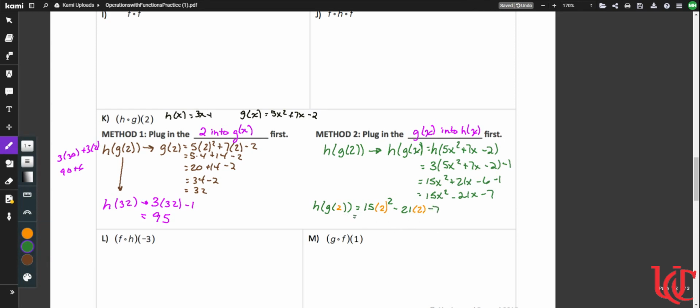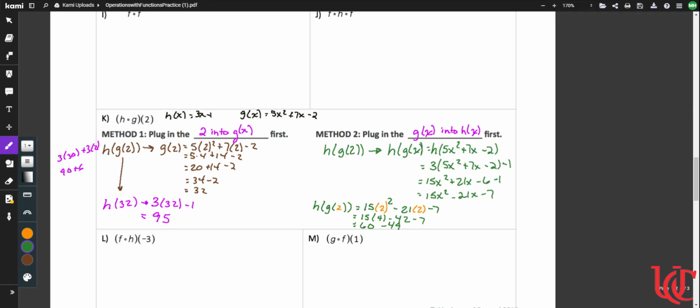So this is 15 times 4 minus 42 minus 7 is 60 minus, these two are both negative, so minus 49, which definitely has a problem. So I have an error somewhere, so we're going to look for where a mistake is, and I will come back once I find it.